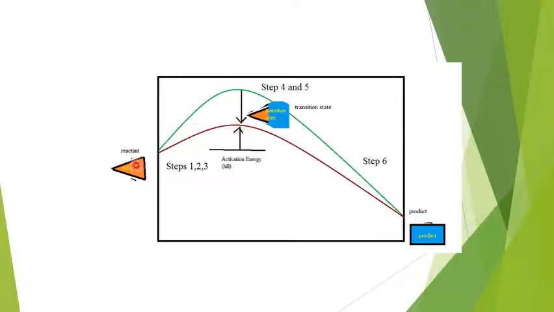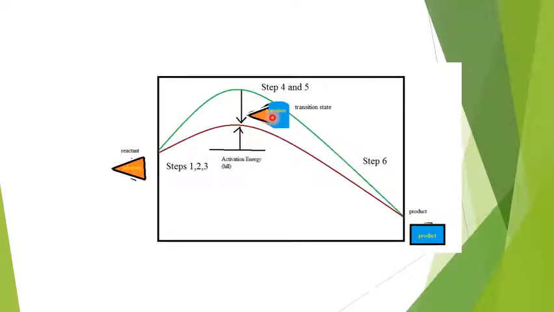Okay, here's the reason why. So here's a normal chemical reaction. So you need to push it up this hill, and then it comes flying down. Well, actually at the top of this hill is this transition state. Okay, so what the substrate has to do is turn into this transition state. Once it turns into this transition state, it'll turn into the product. What an enzyme does is it makes the transition state without going all the way to the top.